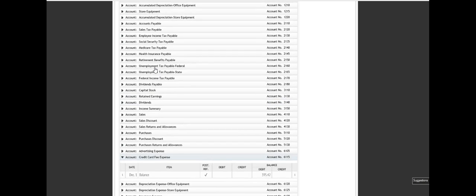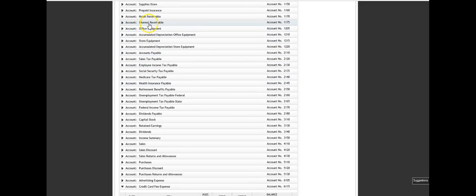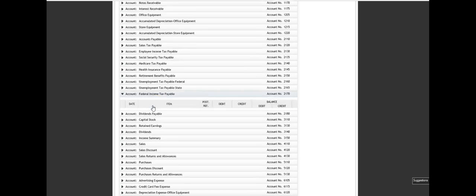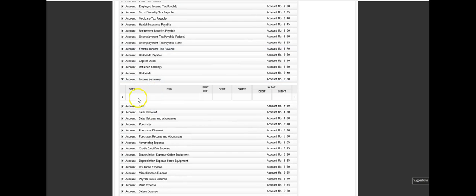Income summary. Where were we? Sorry, I lost track. Accounts payable, sales tax payable. That's the one we're stuck on. Next one is income summary.